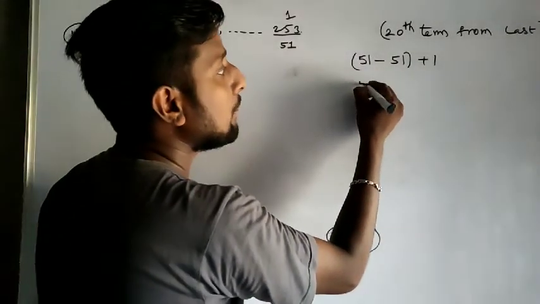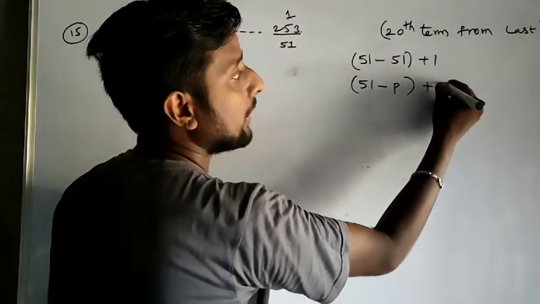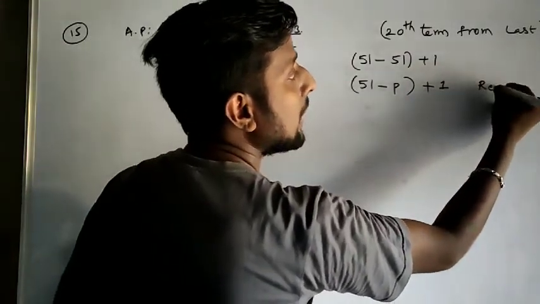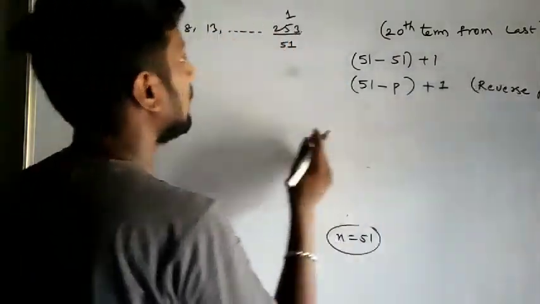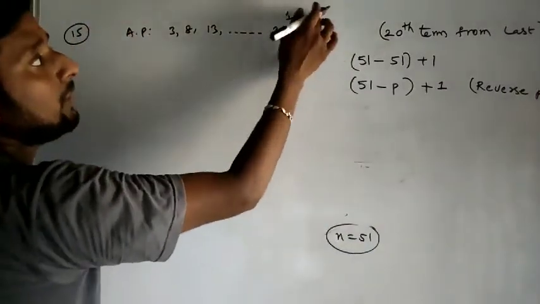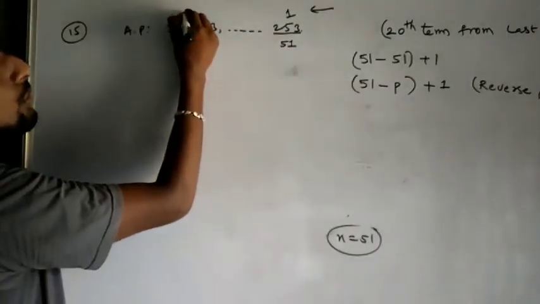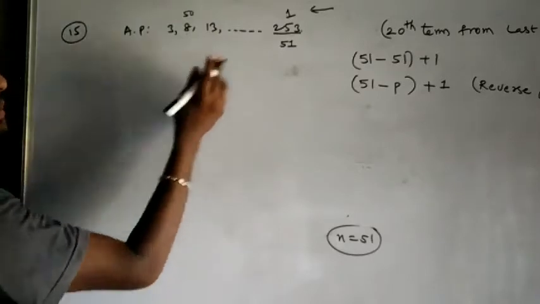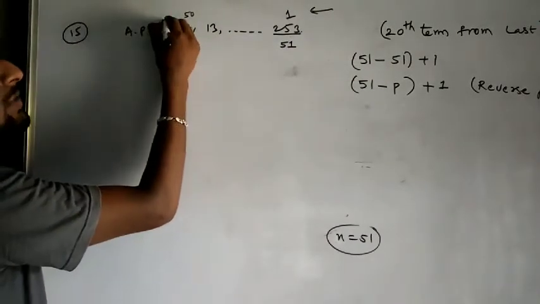So total numbers minus present place plus 1 gives the reverse place value. We'll check. If you start counting from reverse, definitely this is the last but one term, 50th term, because in total we have 51. So last but one is 50, the last number is 51.